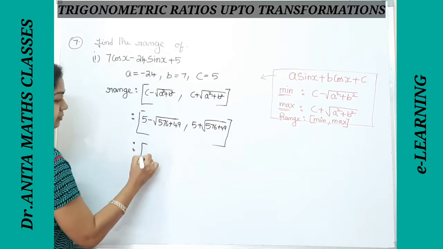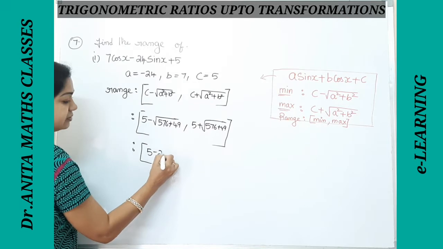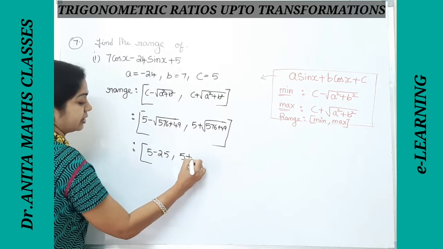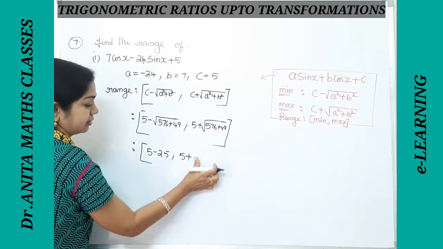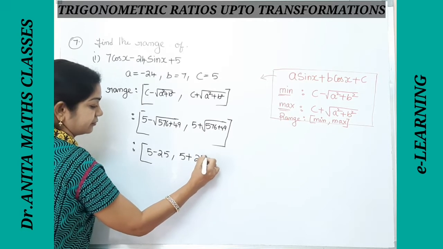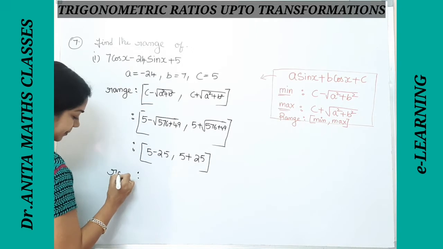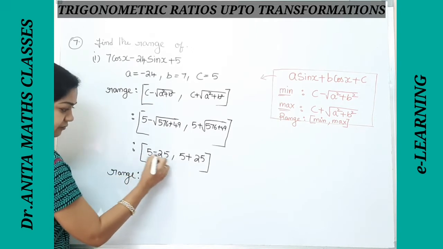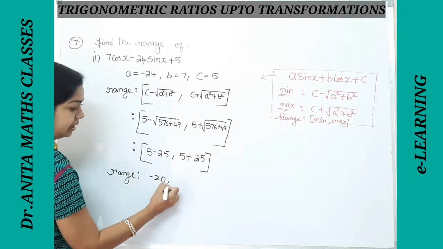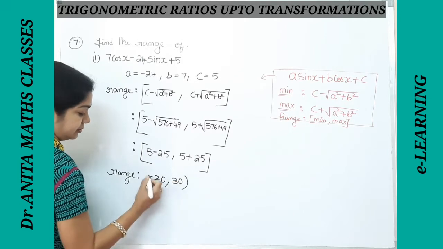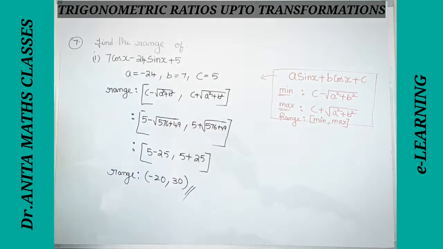So the range equal to 5 minus 25 and 5 plus 25. Under root of 625 is 25. So the range here is 5 minus 25 is minus 20 and this is 30. So the range is this. Pause the video, note it down.